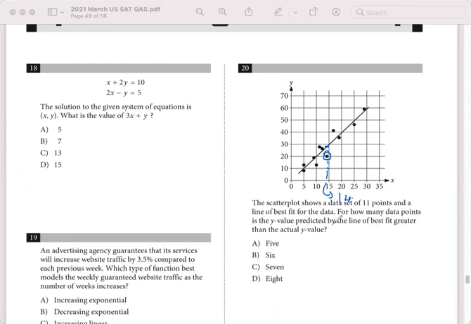So we have to find all such points which are below the line. So that's going to be 1, 2, 3, 4, and 5, right? And just to confirm, there were 11, so where are the other 6? 1, 2, 3, 4, 5, and 6. Yeah, so 5 points are below the line. So the answer is option A.